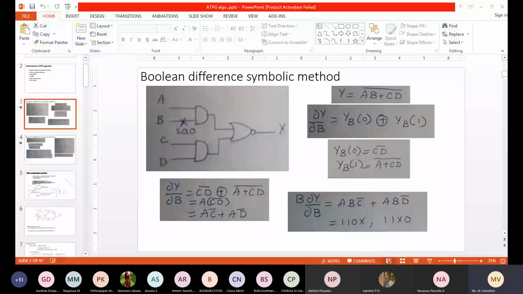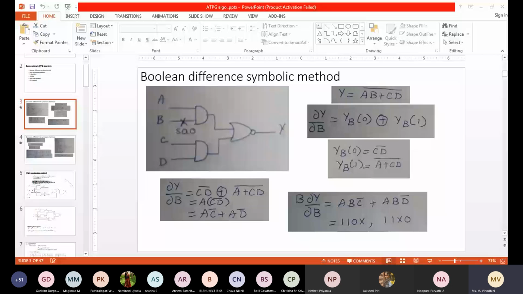Your aim is to check and tell whether this test vector detects this fault or not. But in ATPG algorithms, please listen, the objective is to find the test vector. The test vector is not given to you. Find the test vector which will detect the fault given in the circuit.